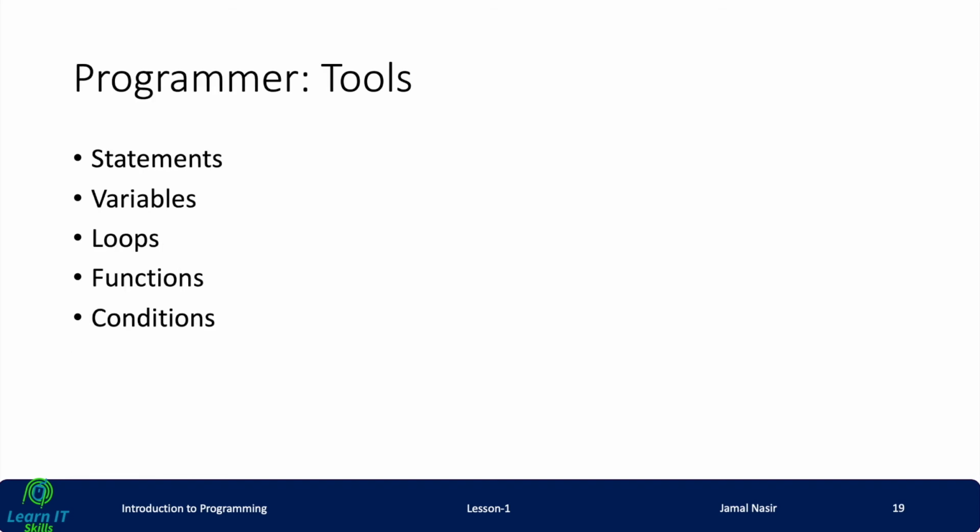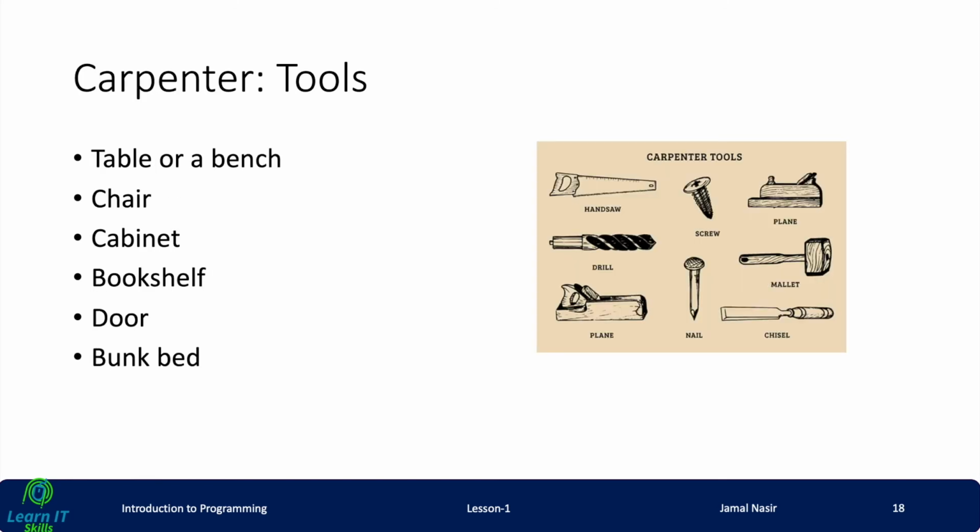So similarly, a programmer has some tools. If you want to become a good carpenter, then obviously you would need skills to use those tools. I will focus on this thing again. You have to learn these tools, how to use them, where to use them, when to use them, right? So when you have a good command of these tools, you can make any type of furniture, if I'm talking about that carpenter thing.